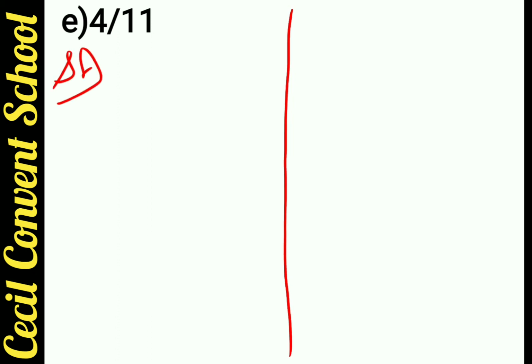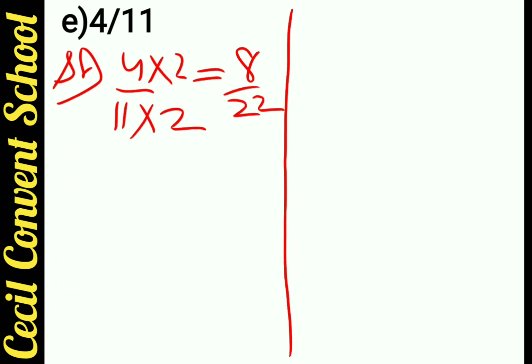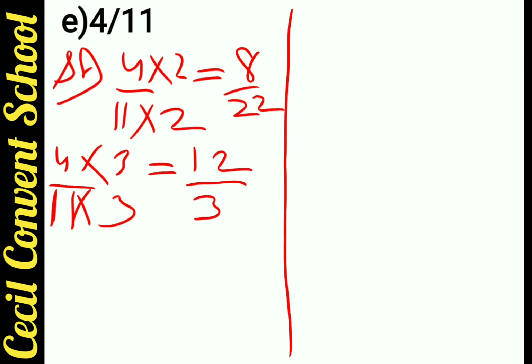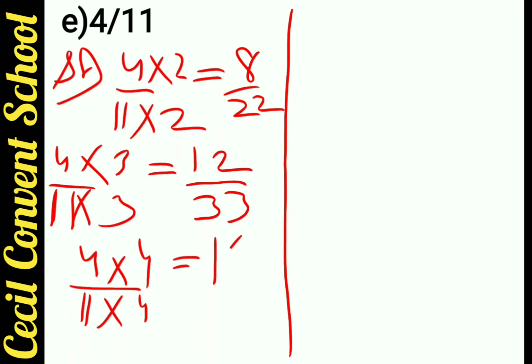Solution: 4 by 11 you have to multiply by 2. Answer comes 8 by 22. 4 by 11 multiply by 3. Answer comes 12 by 33. 4 by 11 multiply by 4. Answer comes 16 by 44.